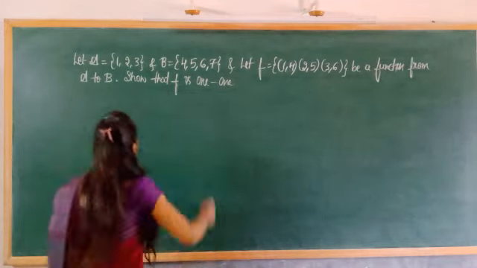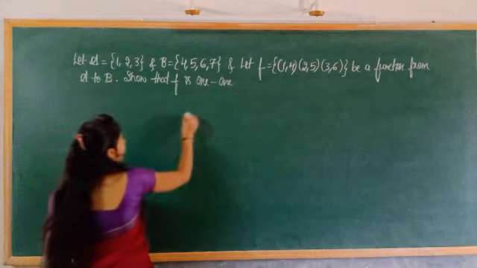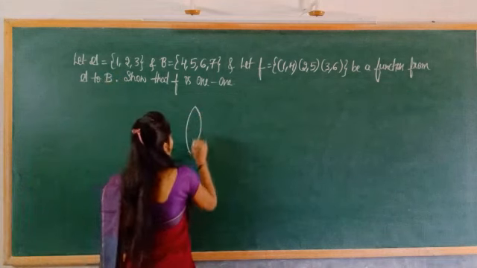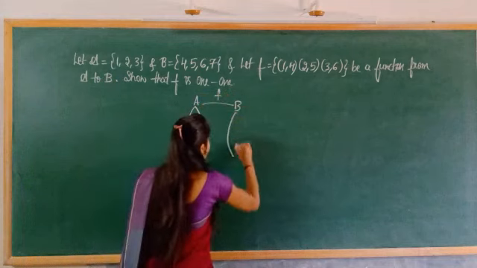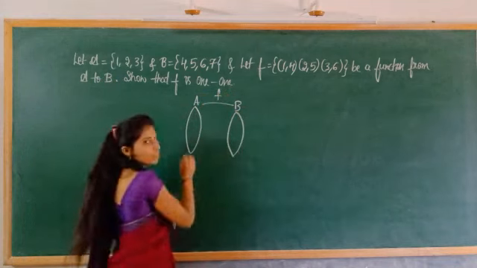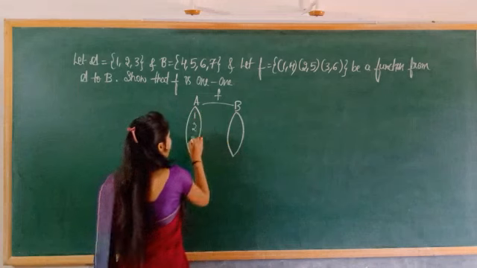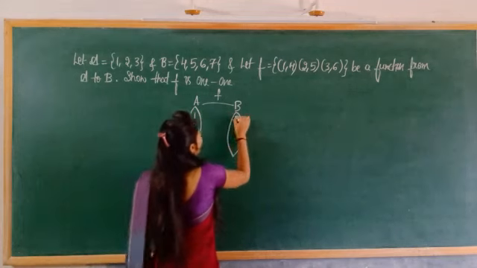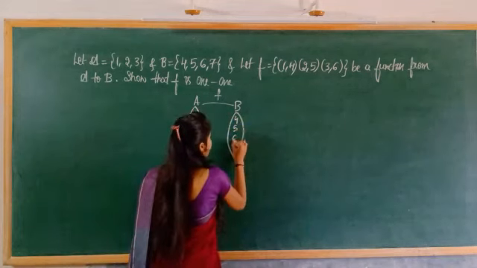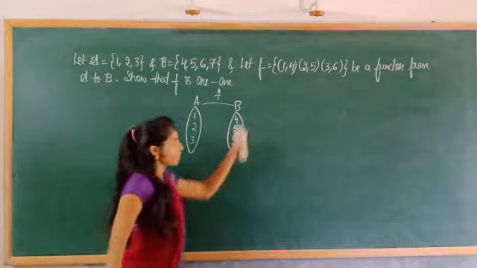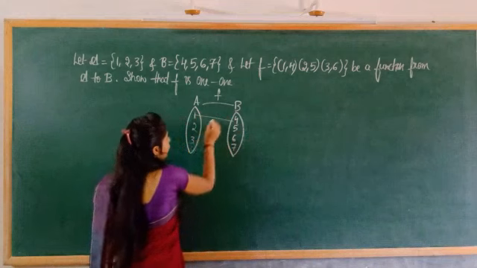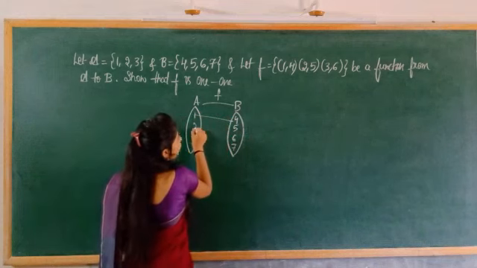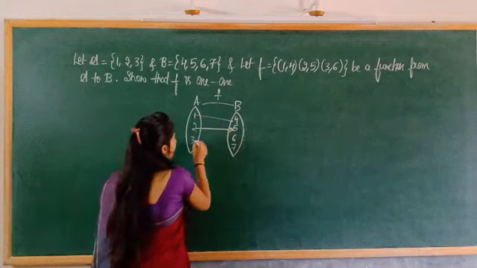Okay. See here. From the function, I will take the A set. Okay. This is our function, right? And the B set. In the A set, they have given 1, 2, 3. In the B set, they have given 4, 5, 6, 7. Right? Already they have given the function relations. 1 is related to 4 and 2 is related to 5. 3 is related to 6.